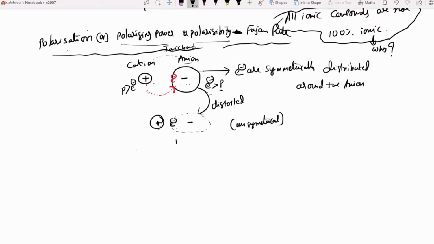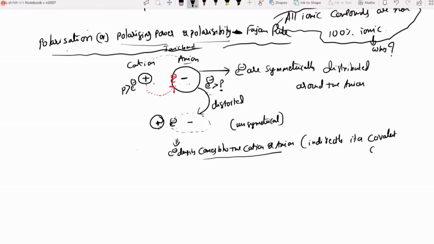That means electron density comes between the cation and anion. So electron density between two nuclei is, indirectly, a covalent character.